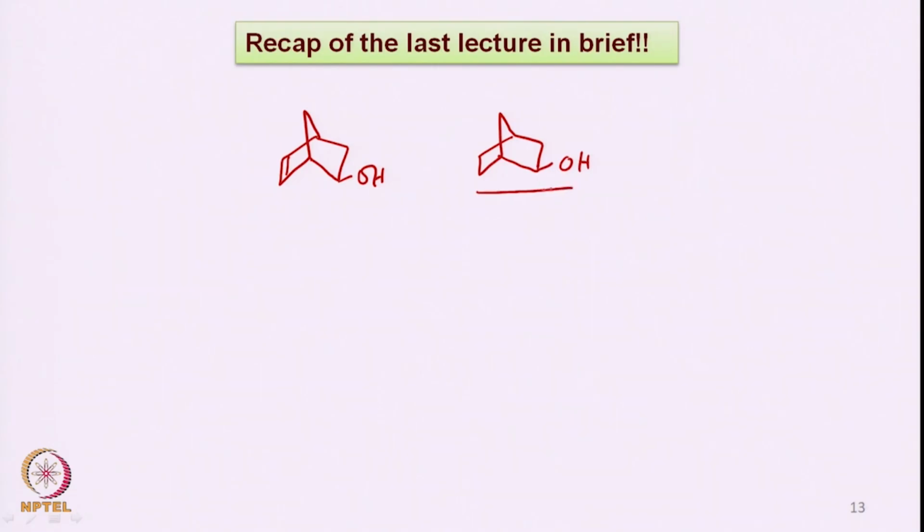This particular alcohol reacts much slower than this alcohol, because there is a competition for the alcohol to get adsorbed on the surface of the reagent with the double bond, which also tries to act as a kind of nucleophile for the surface of the Fetizon's reagent. So, there is a competition between the double bond and the OH, and therefore, this alcohol reacts slower than this alcohol which is devoid of such a double bond.